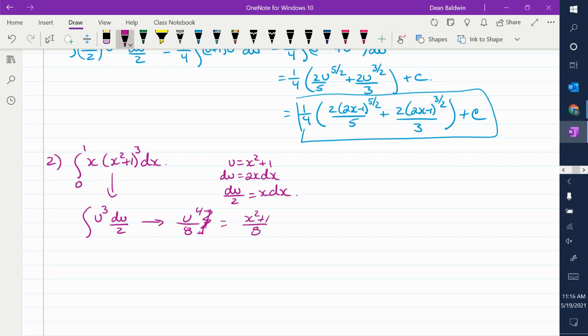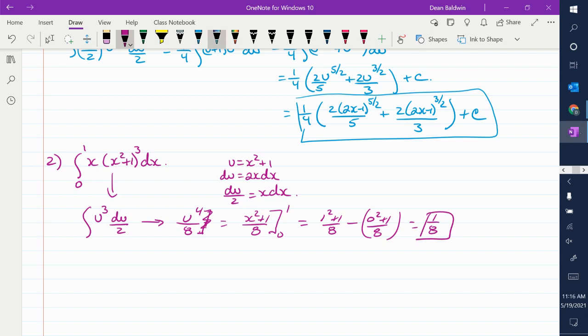And since it's a definite integral, we're evaluating it between 0 and 1. Okay? And then you plug that in. I'll just do it. 1 squared plus 1 over 8 minus 0 squared plus 1 over 8, which is 16/8 minus 1/8, which is 15/8. Okay? That's what you do.